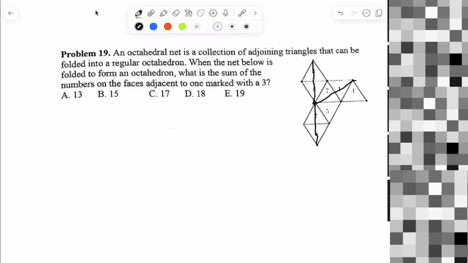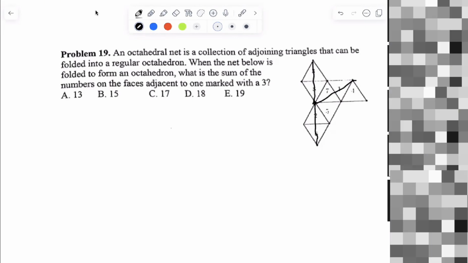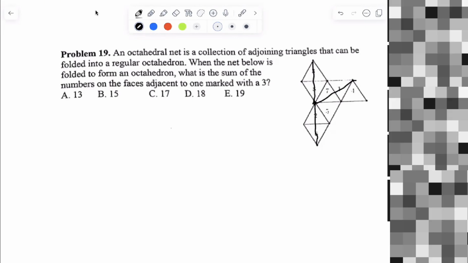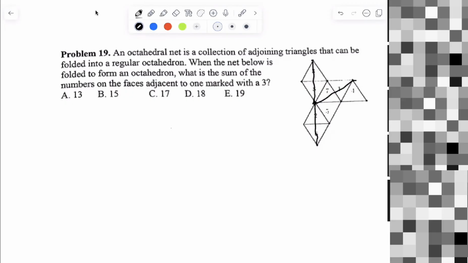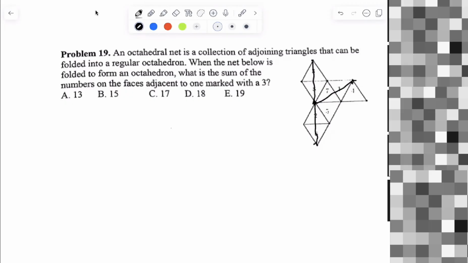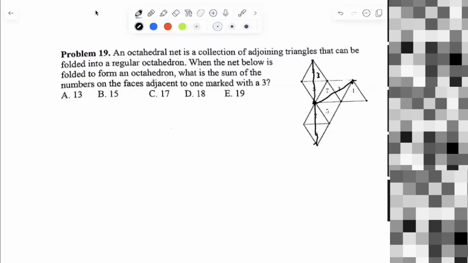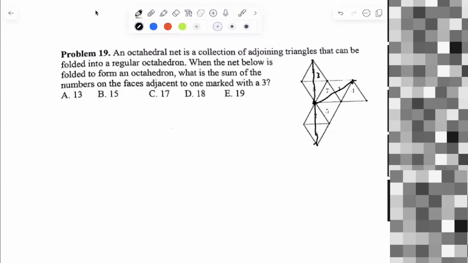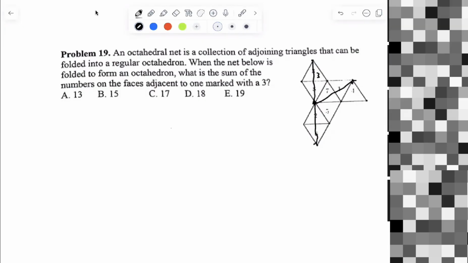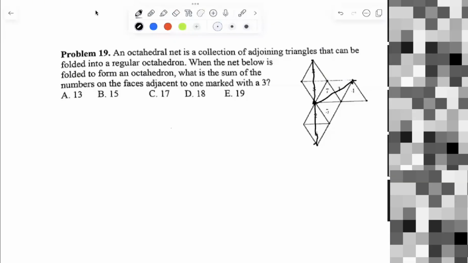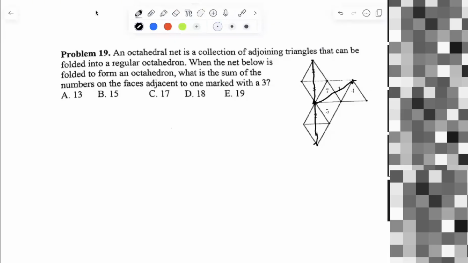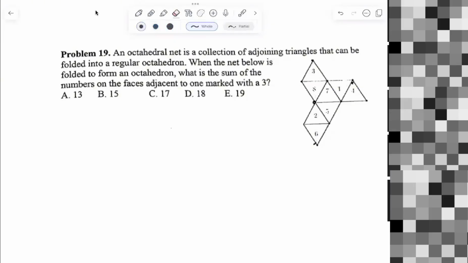From here, there's only 3, if I'm correct. Oh, wait. Let me see it correctly. Yep.